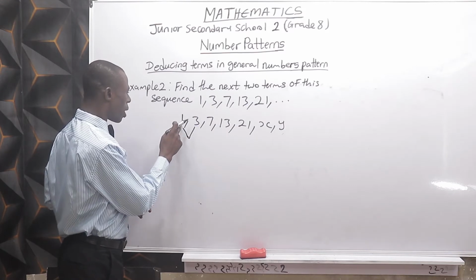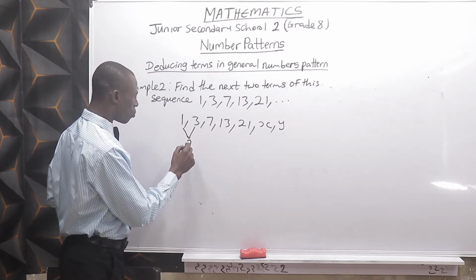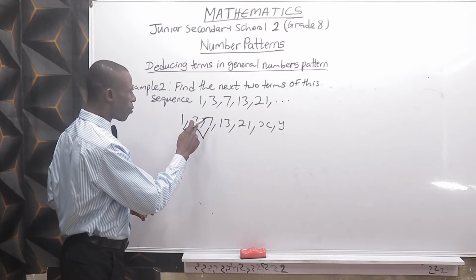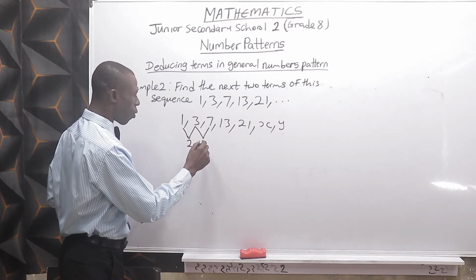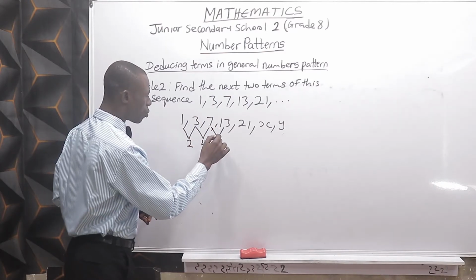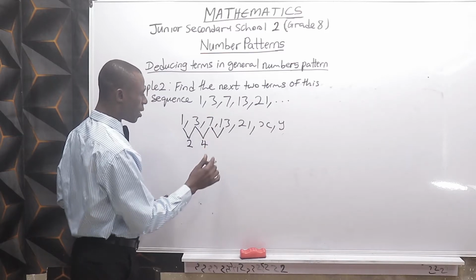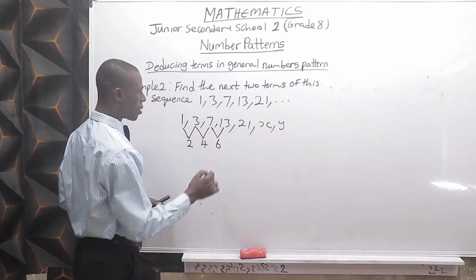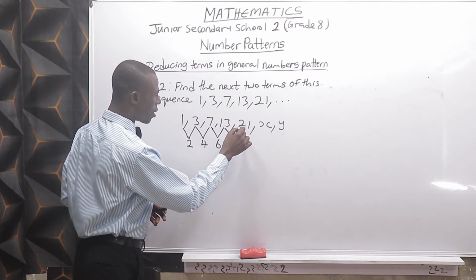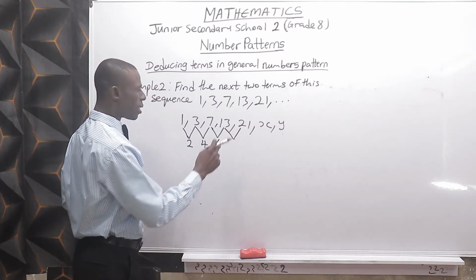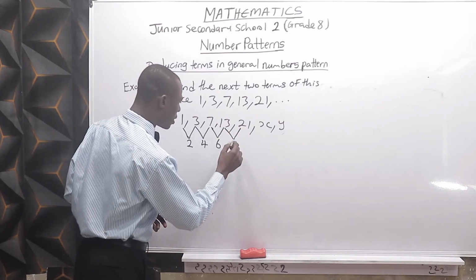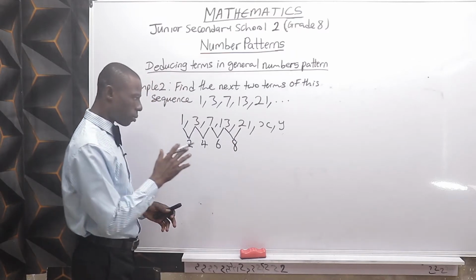The difference between 1 and 3 is 2. The difference between 3 and 7 is 4. The difference between 7 and 13 is 6. While the difference between 13 and 21 is 8, as you see.